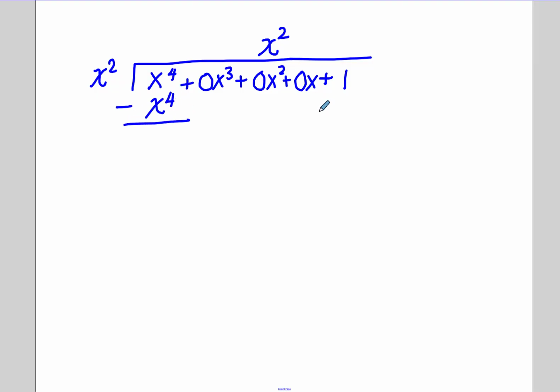And when you subtract, you need to bring down the 1, so we have our plus 1 for the end behavior model.